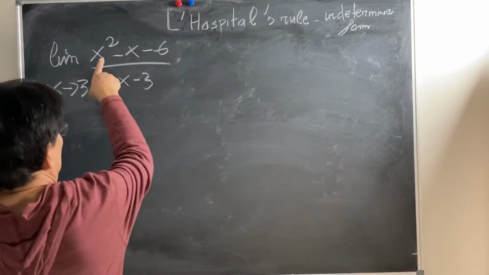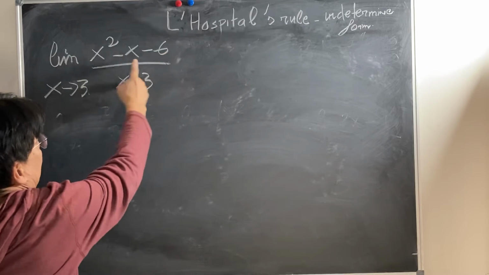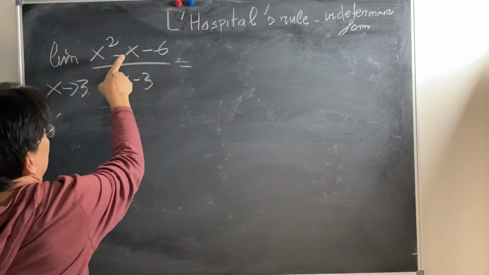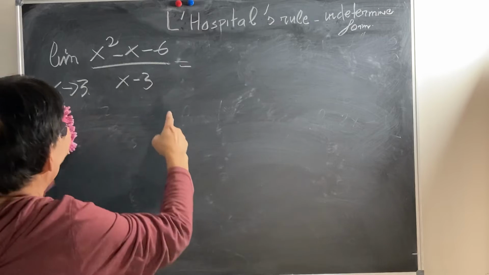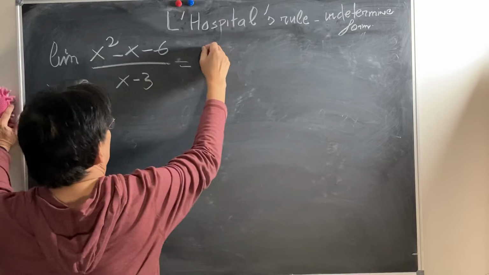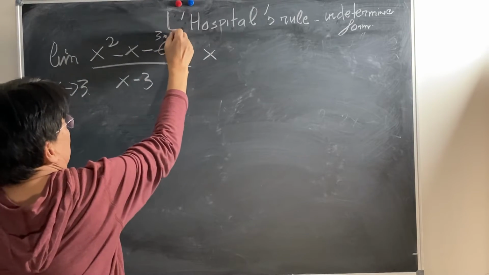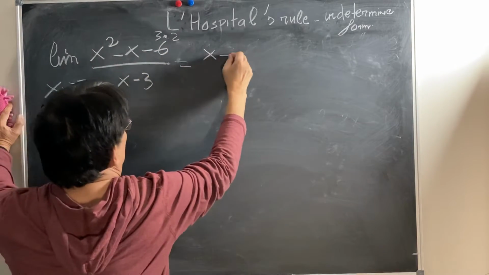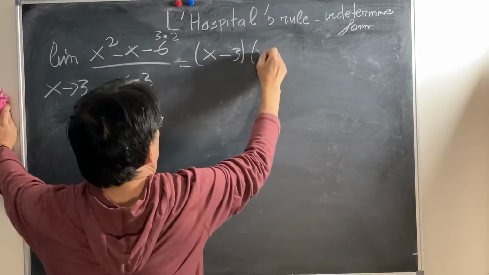Look at this, x squared minus x minus 6 right here. If you use the quadratic form, you will see the roots of this quadratic function are minus 2 and 3. So at the top you can factor it, since 6 equals 3 times 2: x minus 3 times x plus 2.